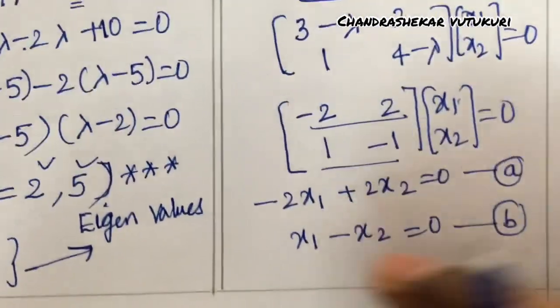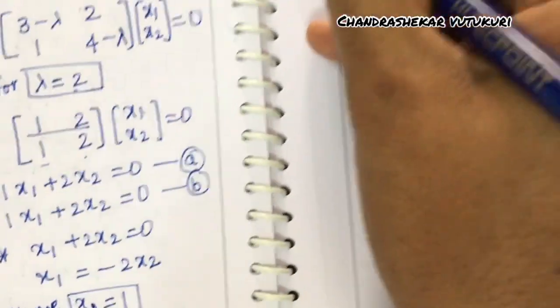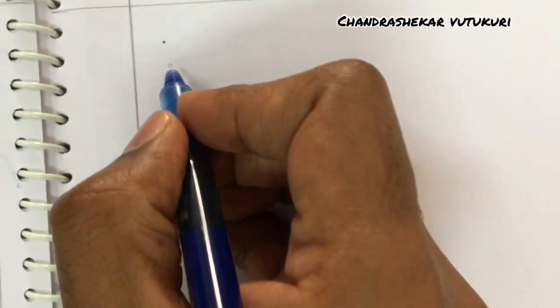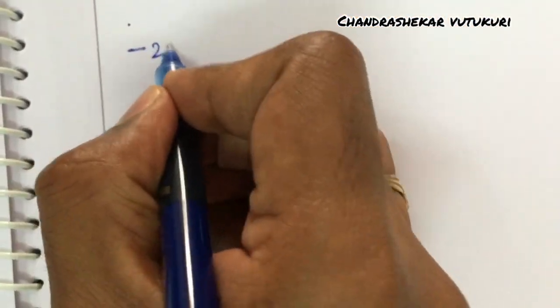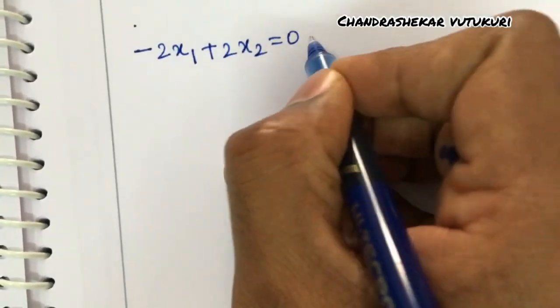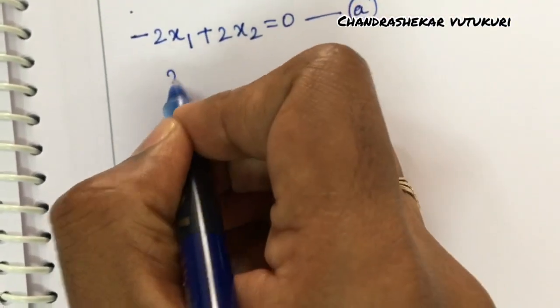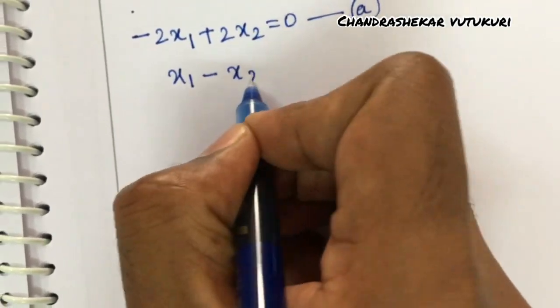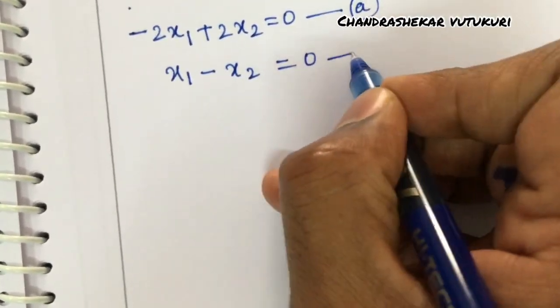Now, what you can do here is further write these two relations which we got here. That is, minus 2x1 plus 2x2 equals 0 is the equation A, and the equation B I got from the matrix by substituting lambda equal to 5.